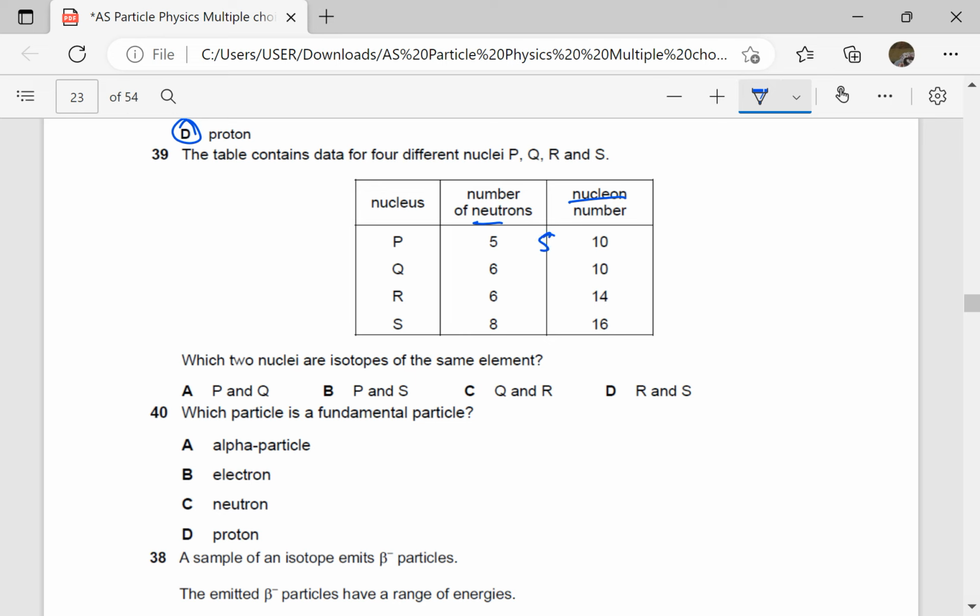For Q, proton number is 10 minus 6, which is 4. For R, proton number is 14 minus 6, which is 9. No, it is 8. Then for S, 16 minus 8, which is also 8. So R and S are going to be isotopes because they have the same proton number 8. So that is R and S.